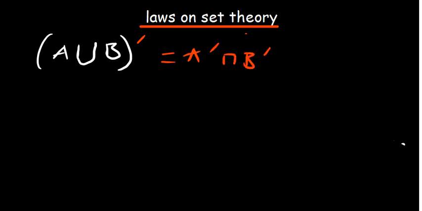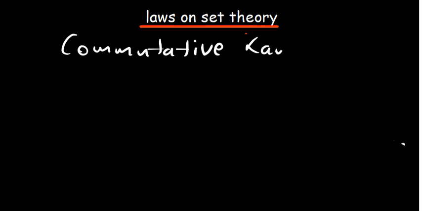Apart from the De Morgan's laws, we also have what we call commutative law. So what are commutative laws? Commutative basically tells us that a very good example is addition.